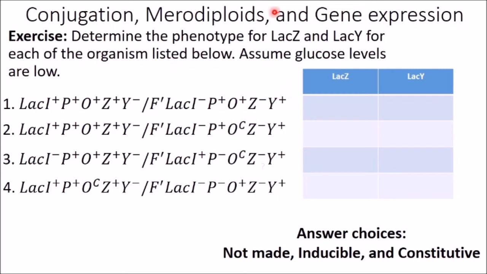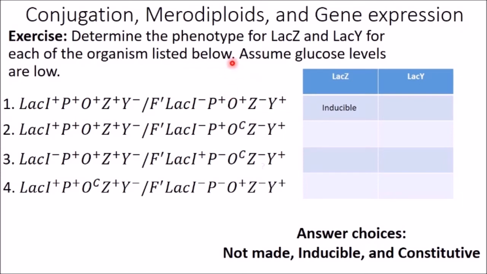So let's look at lacZ. What's going to be the expression level for lacZ? Not made, inducible, or constitutive, assuming glucose levels are low. For Z minus, just looking at the plasmid, you would think it would not be expressed at all. But you have a chromosomal Z plus, so that's going to be inducible for lacZ. Now lacY, or the lac permease.